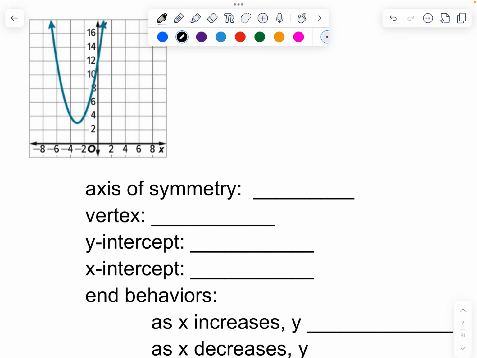Okay, axis of symmetry. X is equal to negative 3. My vertex point, right there. So that's negative 3, 3. My y-intercept is right here at 0, 12.